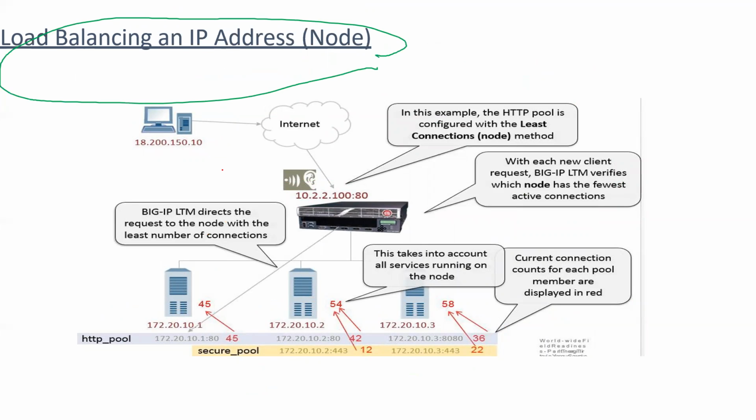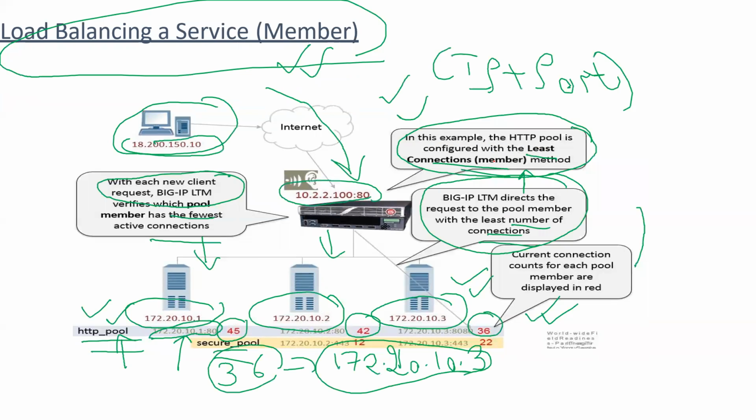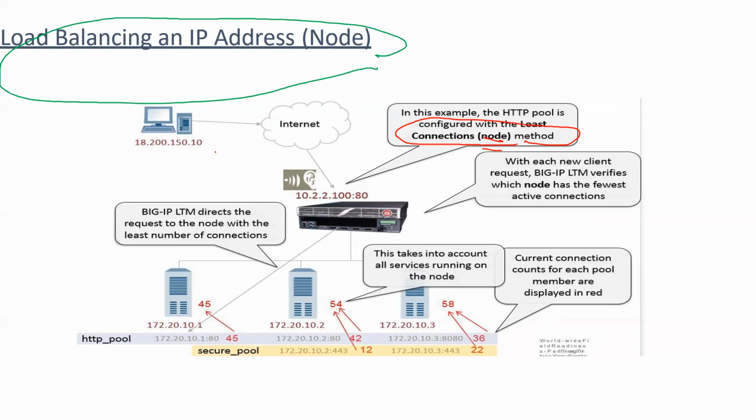We have the same picture, but in this case we are using the load balancing method least connection node, rather than least connection member. The client will send a request, it will come to the internet, then to F5. BIG-IP LTM will redirect to the node with the least number of connections.